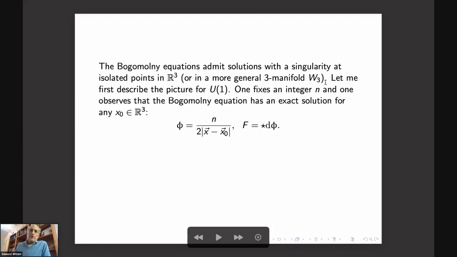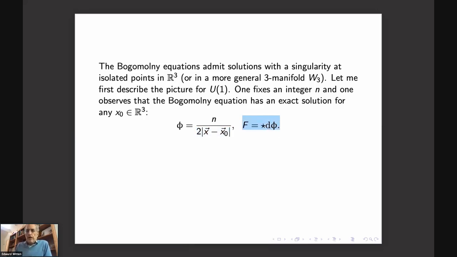So let me first describe the picture for U(1). You fix an integer n, and you observe that the Bogomolny equation has an exact solution for any point x0 in R3. Phi is n over 2 times the distance from that point x0, and F is star d phi. So this formula, this was the Bogomolny equation.